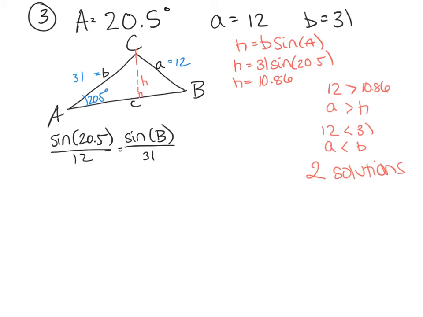Actually, I'm going to do this the other way around. There we go. I'm going to do 12 times sine of B is equal to 31 times sine of 20.5. From here, I'm going to divide both sides by 12.